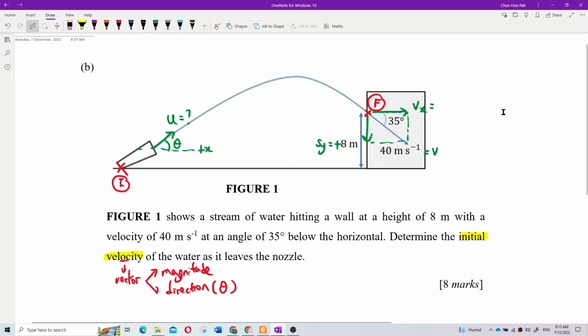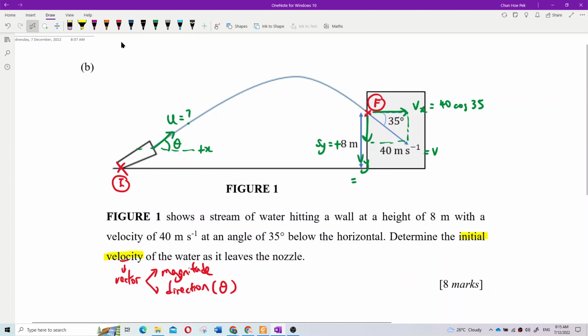Because this v is 40, Vx is 40 cos 35. And what about the Vy? Vy is in the downward direction, so it's negative.